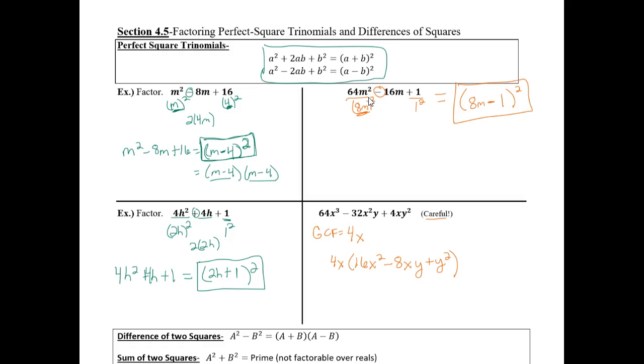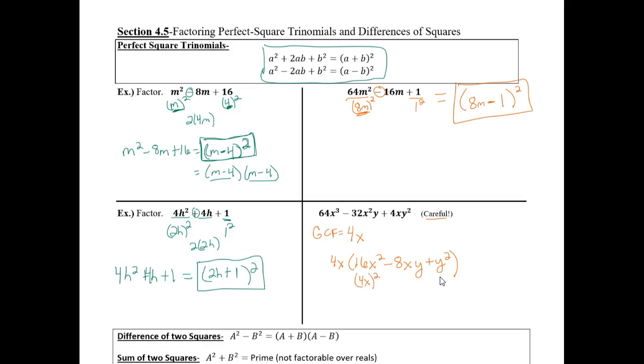But now we want to know, can we factor the rest of this here? So again, we have to check to see what we're dealing with. 16 is a perfect square, and we have x squared. And we have y squared, that's a perfect square. So what makes up 16x squared? Well, square root of 16 is 4, square root of x squared is x.